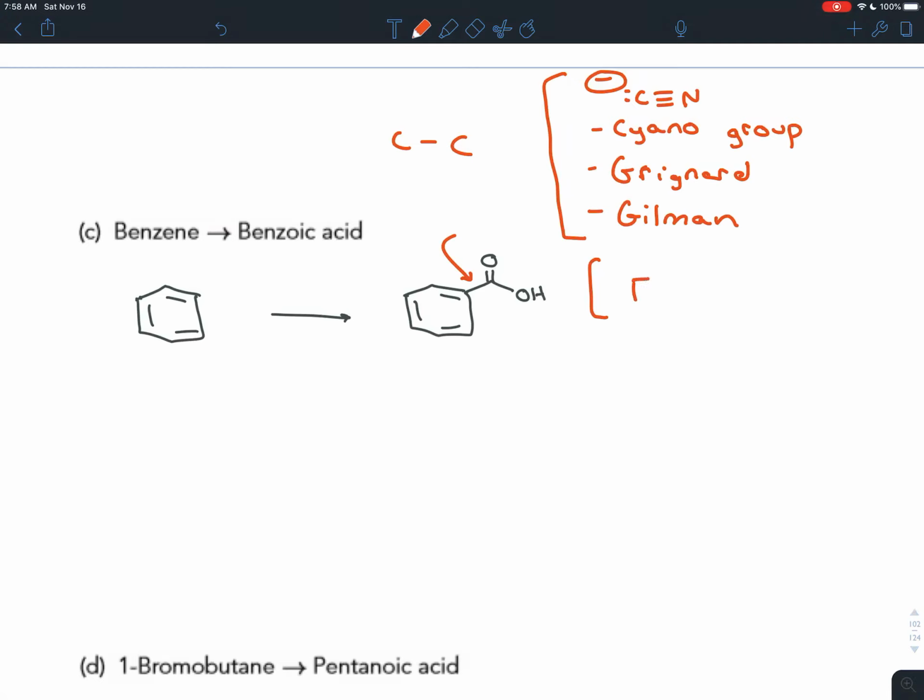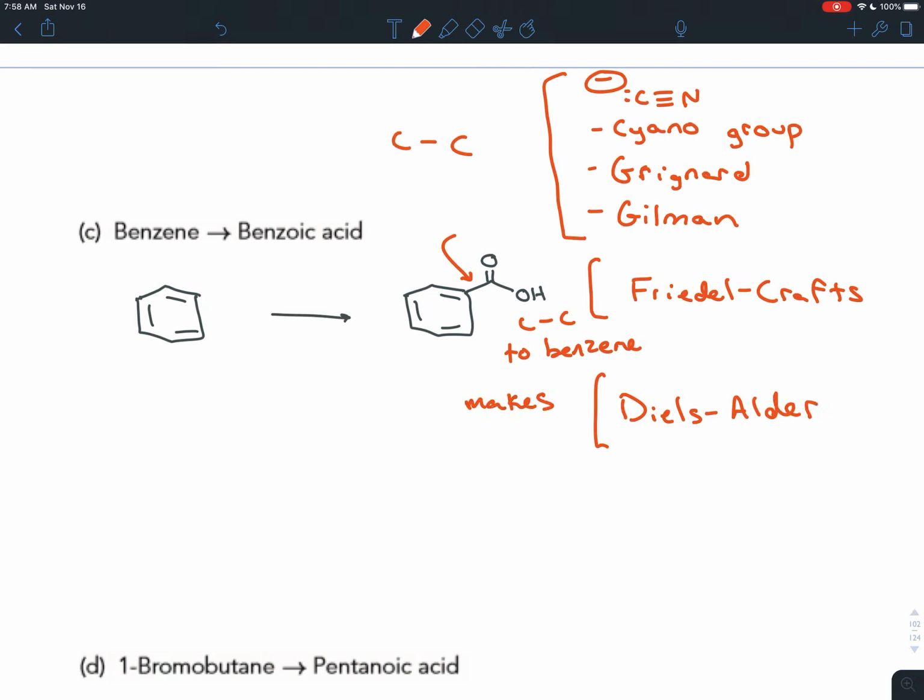Then you could also do a Friedel-Crafts. That's a carbon-to-carbon single bond to benzene, kind of specific. You could do a Diels-Alder. Diels-Alder makes a ring, makes 2 carbon bonds and forms a ring.